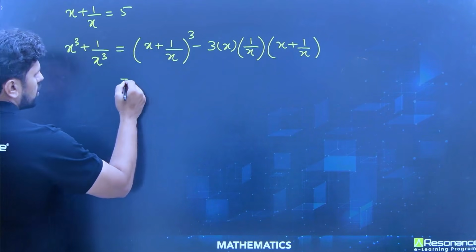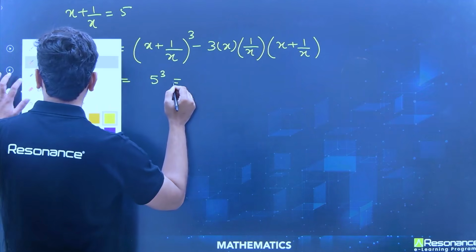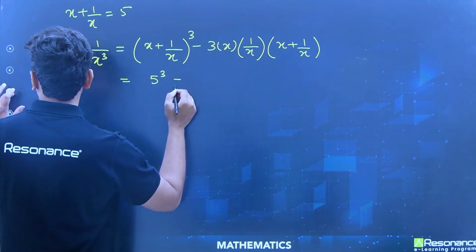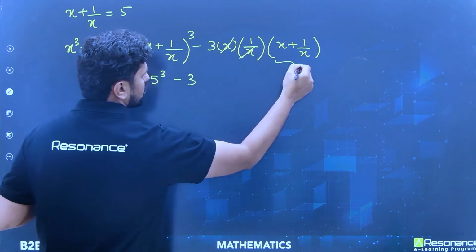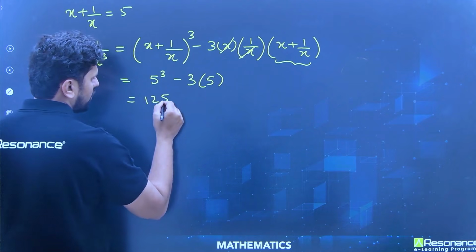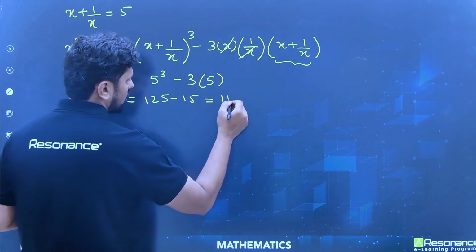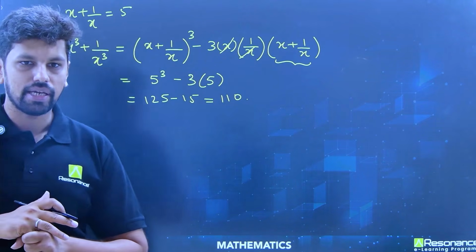So this will become 5 cube minus 3 times, x got cancelled. This value was 5. So we will get 125 minus 15, that is 110. That is x cube plus 1 by x cube.